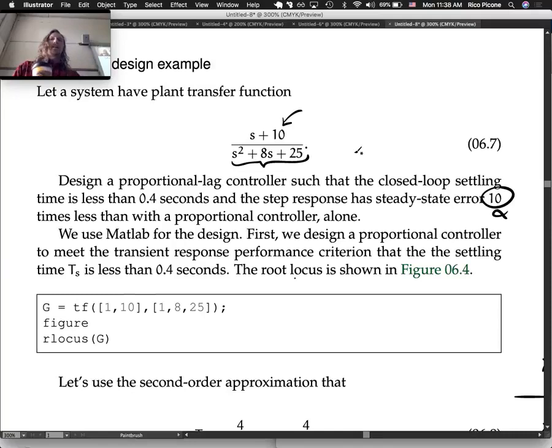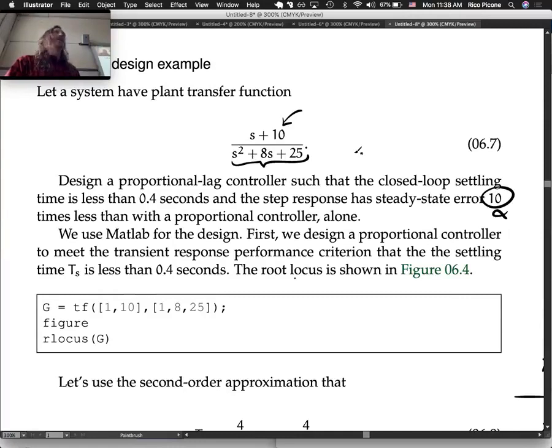Yeah, how many integrators does 6.7 have? 0. So it's a type 0 system. And a type 0 system with a step input, if you go back to that table for steady state error, you will find that that is a finite steady state error.